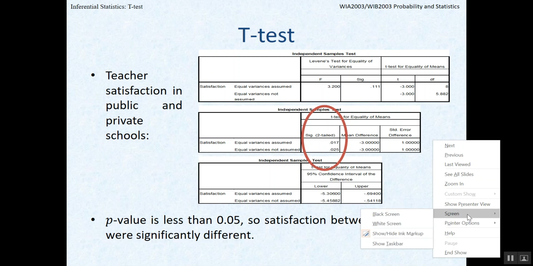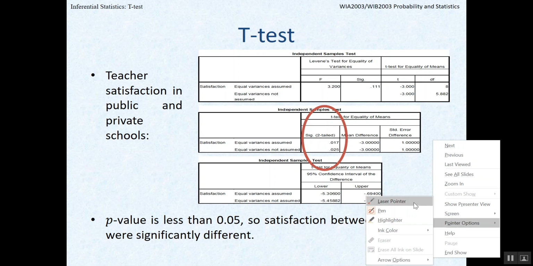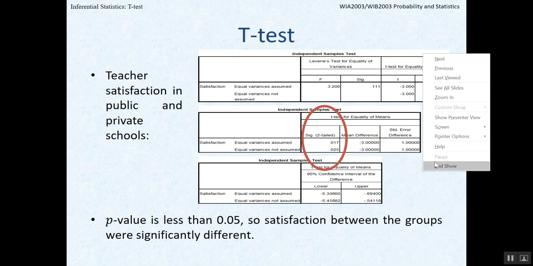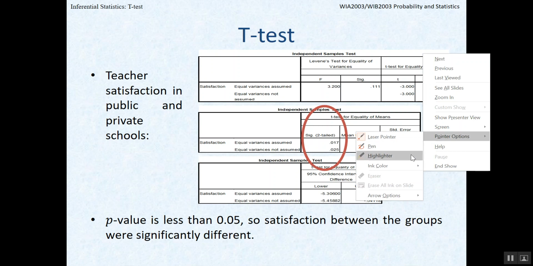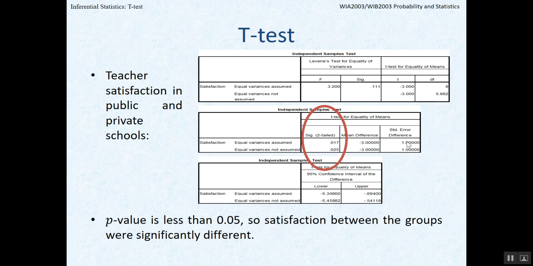SPSS produced this result. In SPSS, when you use the t-test, this is where you see the p-value. If you see the p-value when equal variance is assumed, usually equal variance is assumed in your study, unless it's not that situation, then here the result is 0.017.